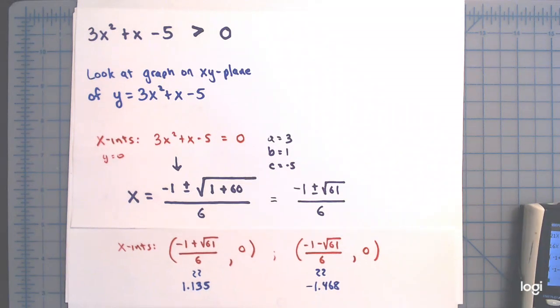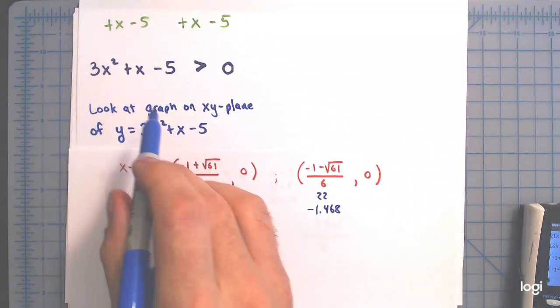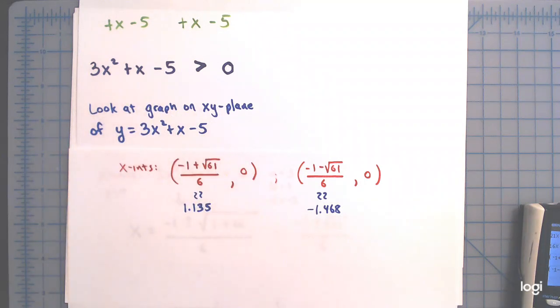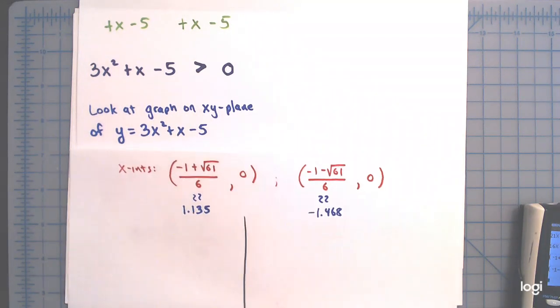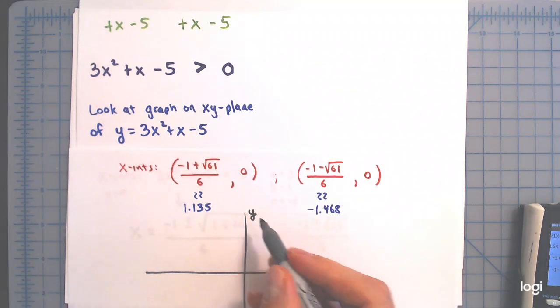All right, so when I go to graph this, again, we're looking at the graph of y equals our expression on the one side and 0 on the other. Y equals that polynomial. I'm going to make a little makeshift XY plane here. And sorry it's not on graph paper because I'm going to make a very rough sketch.